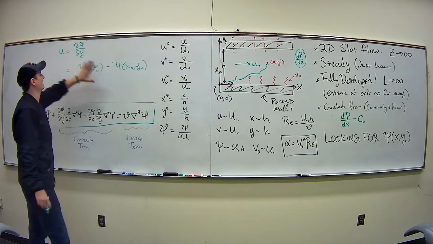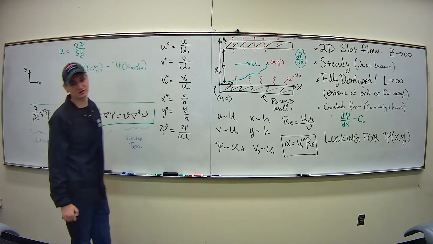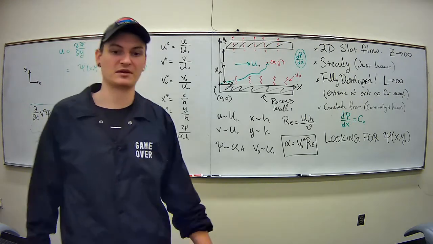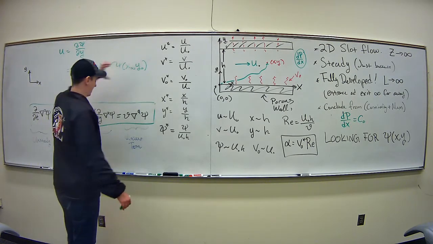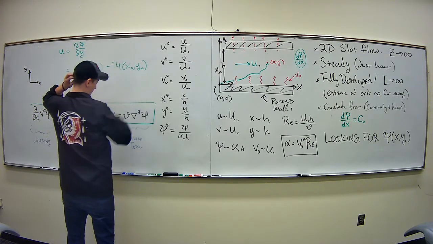The derivative wouldn't care about this because it's just a number. A function with two inputs just outputs some constant value. So if I take the derivative, the velocity didn't care about this gauge happening right here. So 0, 0 is an arbitrary choice that you make.